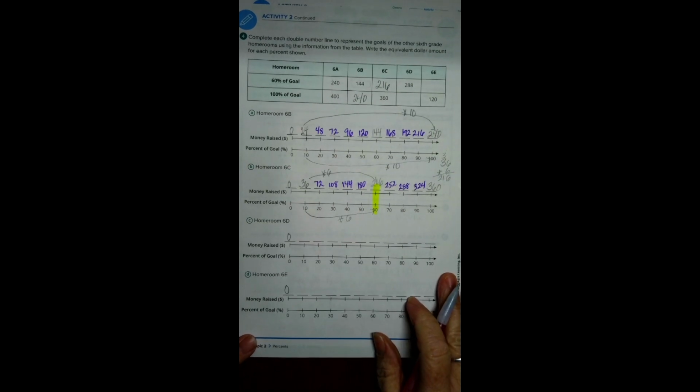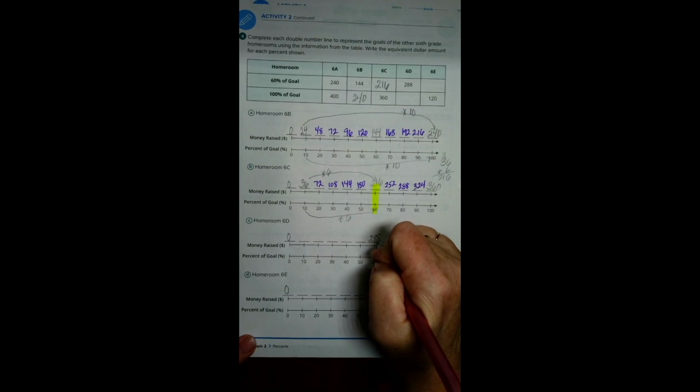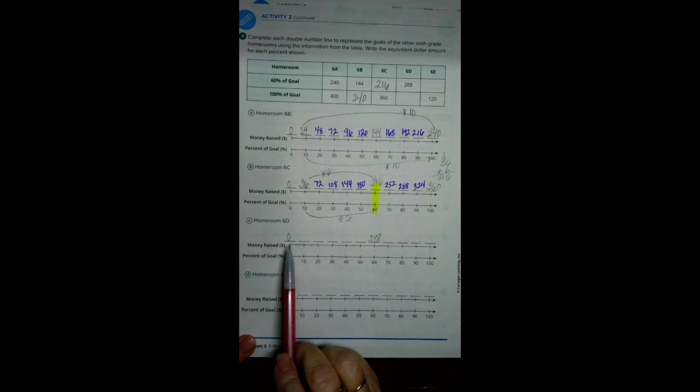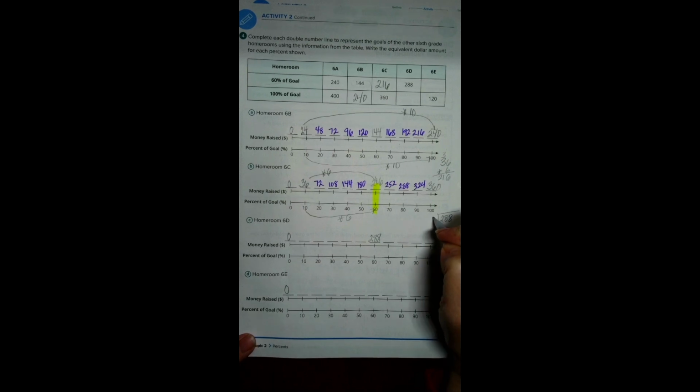Homeroom 6D, they're giving us the 60% is 288. So between 0 and the 60%, we have 6 intervals. So 288 divided by 6. I'm going to show you the traditional division instead of pulling out the calculator. So how many 6's come out of 28?